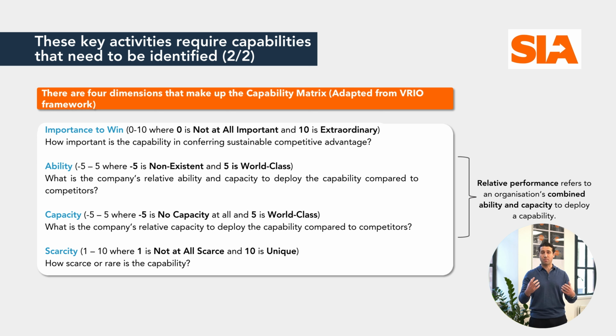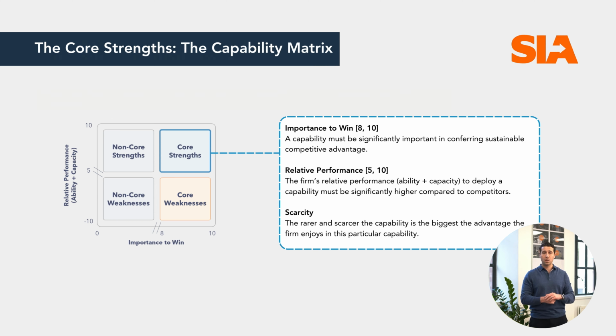It's not a huge competitive advantage. Through assessing these and leveraging a scoring system, what emerges then is a very codified, very robust understanding of an organization's core strengths and core weaknesses.